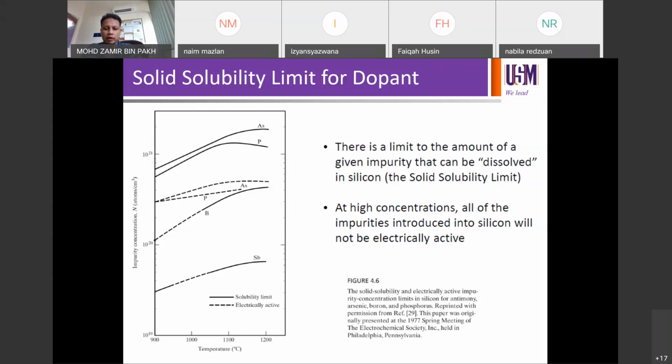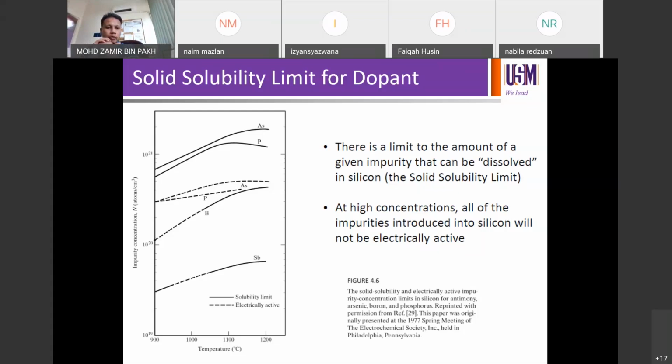When you increase your process temperature, which refers to your diffusion process temperature, you can increase the maximum level of impurity concentration that can be incorporated into the silicon lattice.